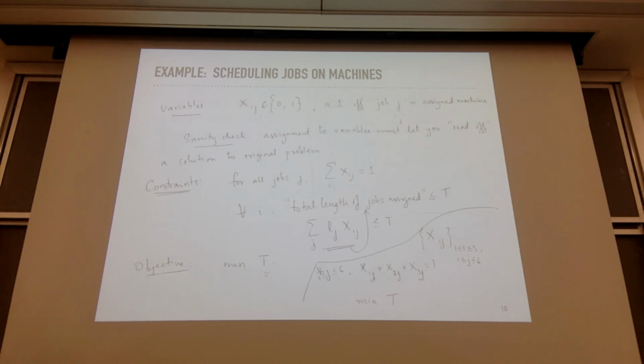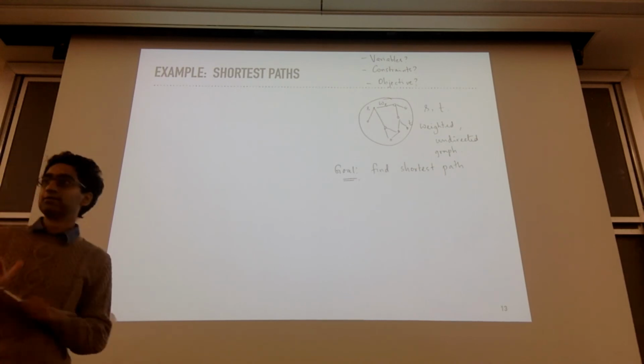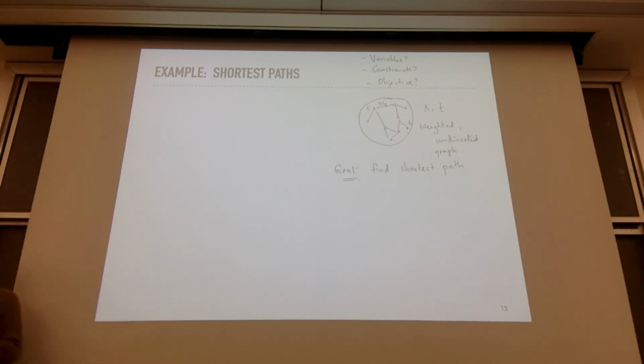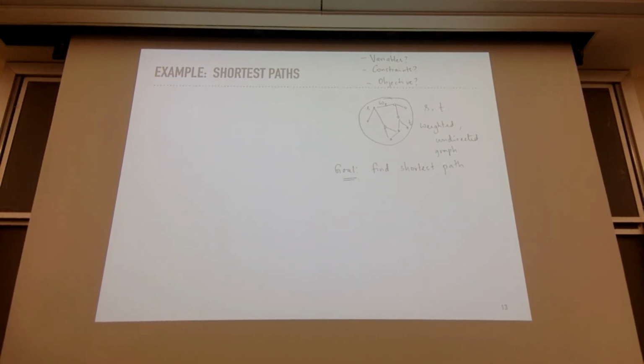Those are the three things you have to think about. One suggestion is x_ij, denoting whether two nodes are connected.